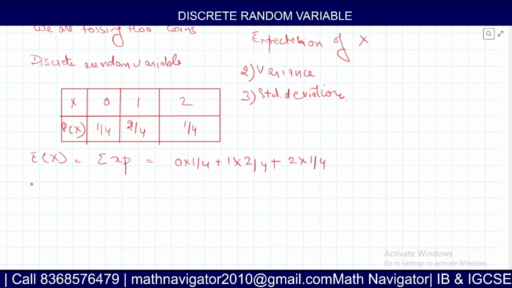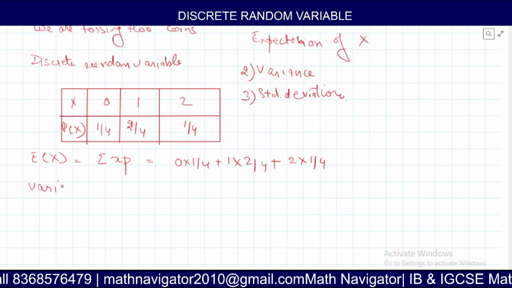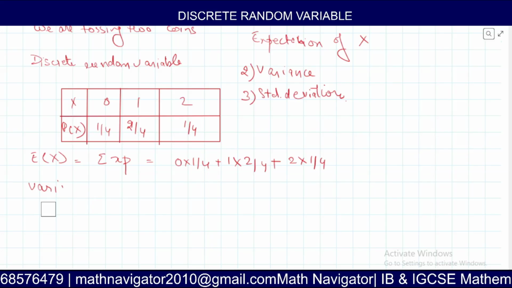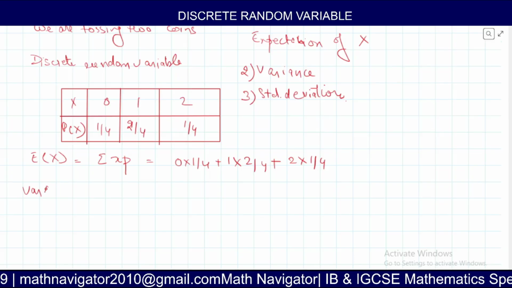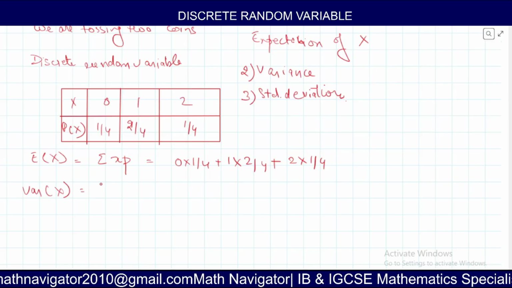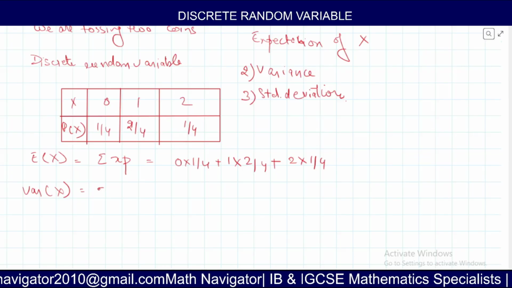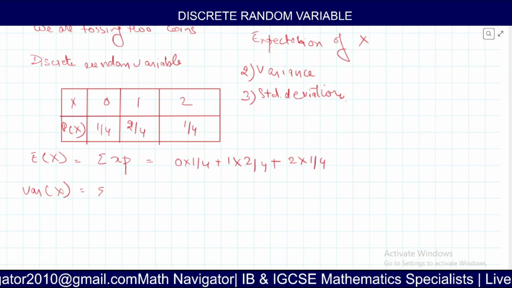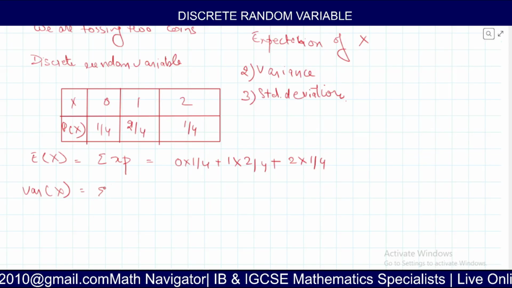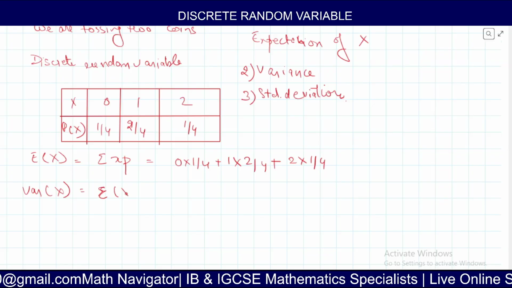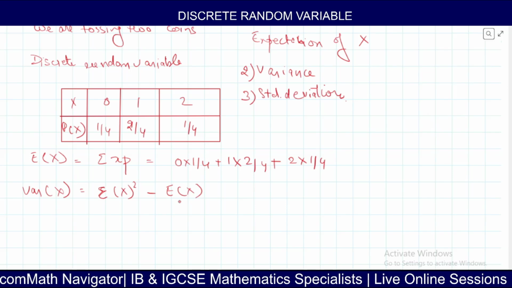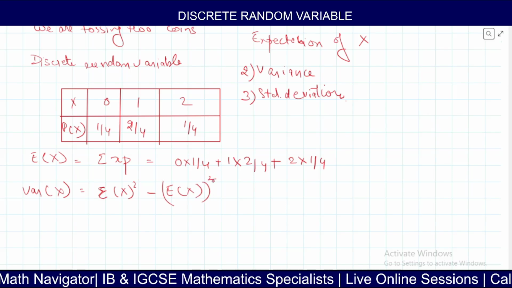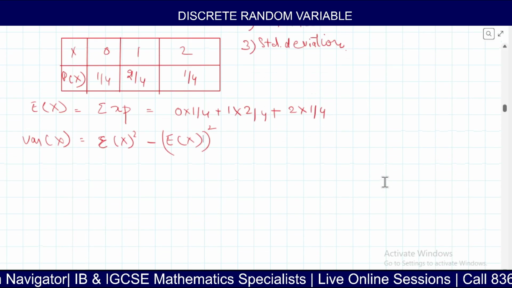Then when we are talking about variance, which is commonly called var x, var x is E of x squared minus E of x whole squared, right? That means expectation of x squared.